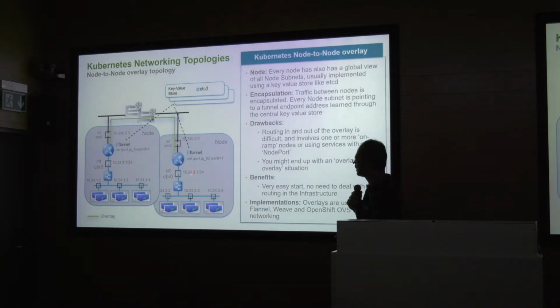It means that we are tunneling, so these subnets allocated to the pods, like 10.24.2 or 10.24.1, are no longer visible inside the physical network. Why? Because here you can see this green path. This is a tunnel. Typically, with Flannel, there are different encapsulation methods. One of the most frequently used is based on VXLAN technology. So we are encapsulating traffic from these IP addresses in a VXLAN tunnel.